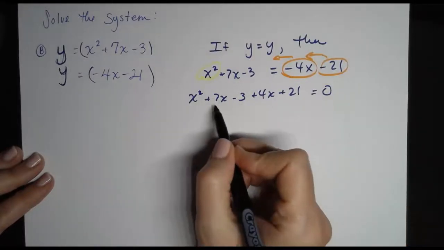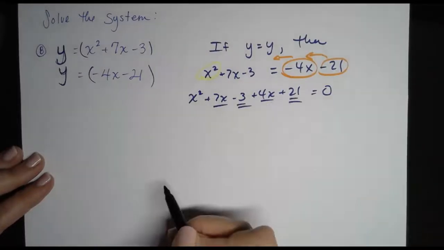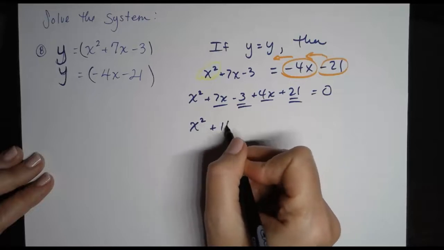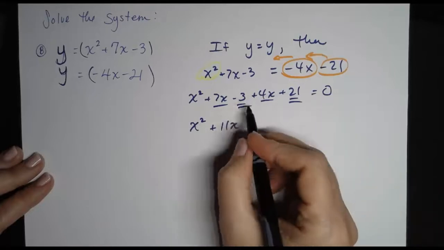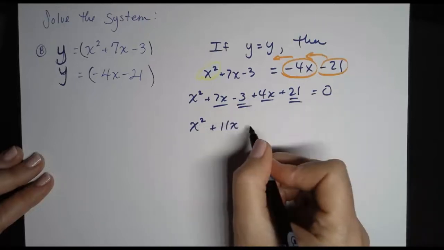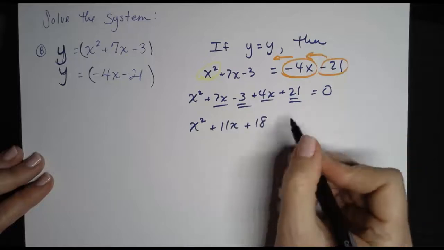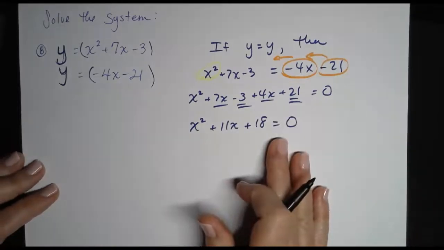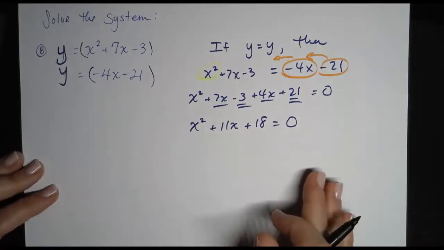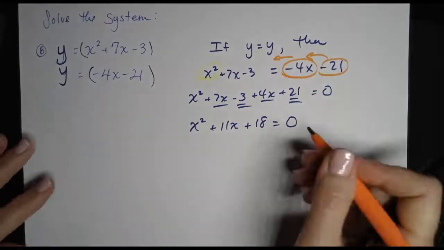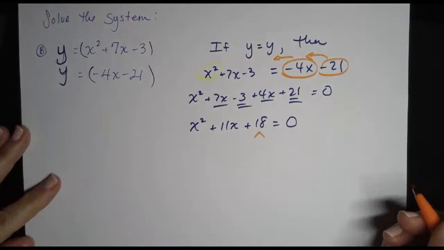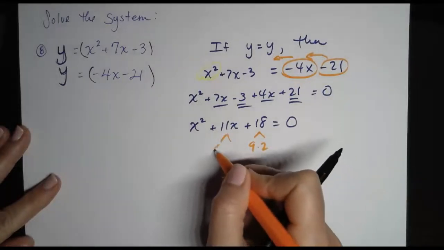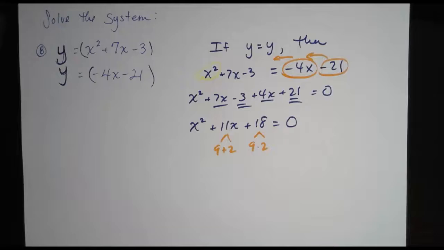Combine the like terms, which are here and here. So we end up with x squared plus 11x, -3 and a plus 21 is plus 18 equals 0. And we don't even need the quadratic formula here because this is factorable. How do I know it's factorable? Because there are a pair of factors of 18, 9 and 2, that just happen to add up to 11.